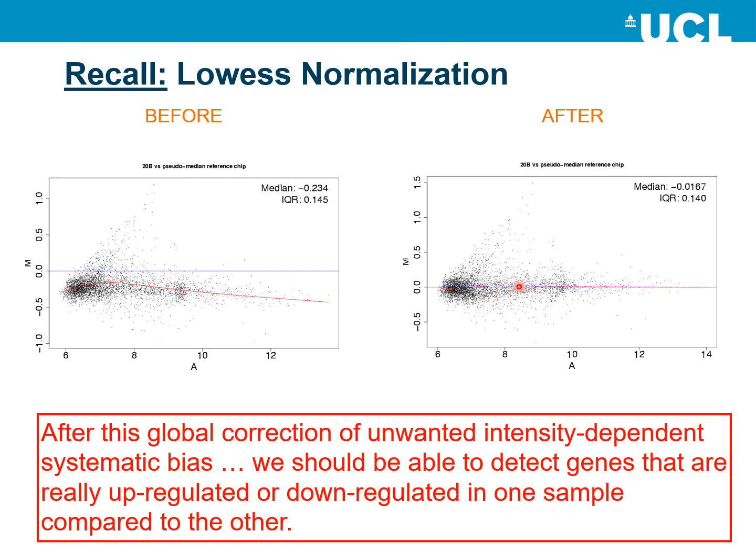So after this global correction, we should be able to detect genes which are really upregulated and downregulated, using the fact that this is probably the noise level, so this is the variation you should use. Then some genes, like this one with a value of 1.5, are potentially truly upregulated compared to the background.